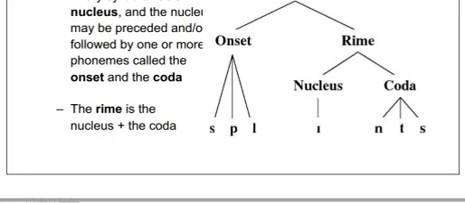This is one example of how clustering can happen in the onset, three consonant sounds in the onset. The nucleus is usually, in almost all cases, a vowel, and sometimes it's called the peak. Coda, as you see again, is a consonant.